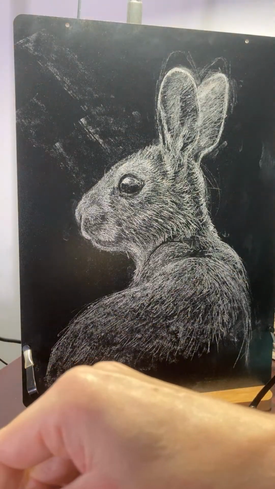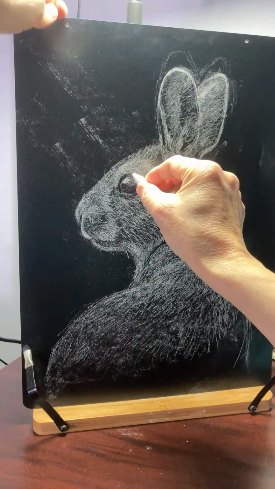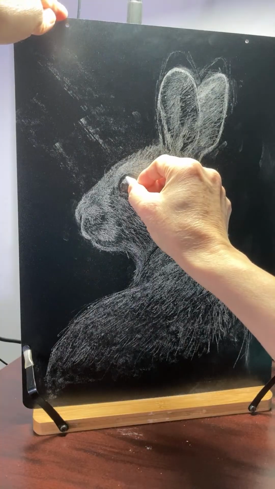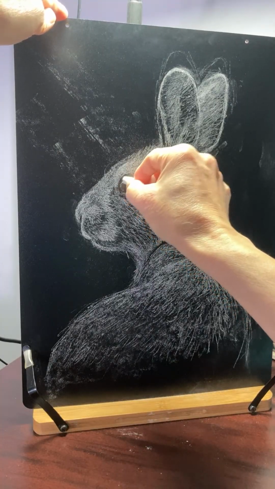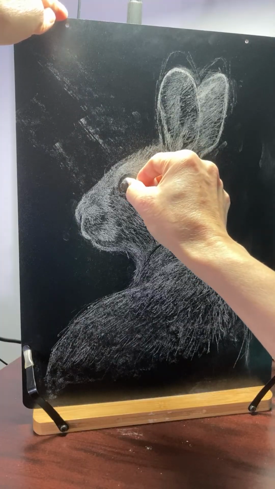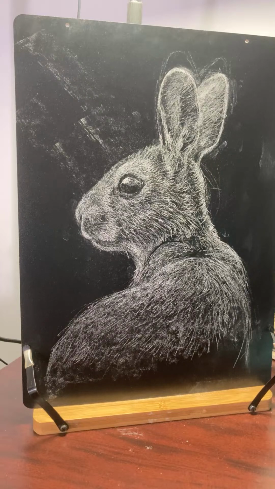Okay, if it's not bright enough, because it's so narrow here, I use the tip of the chalk right here to make it stronger and more visible.